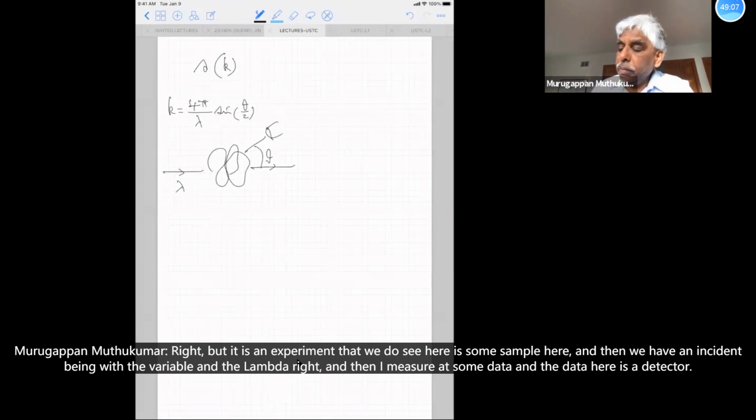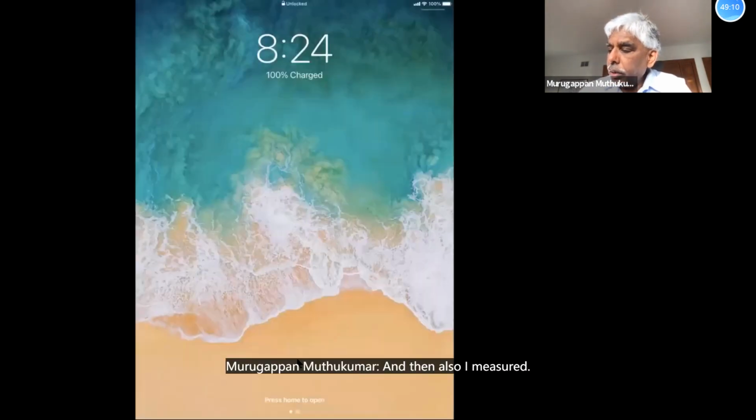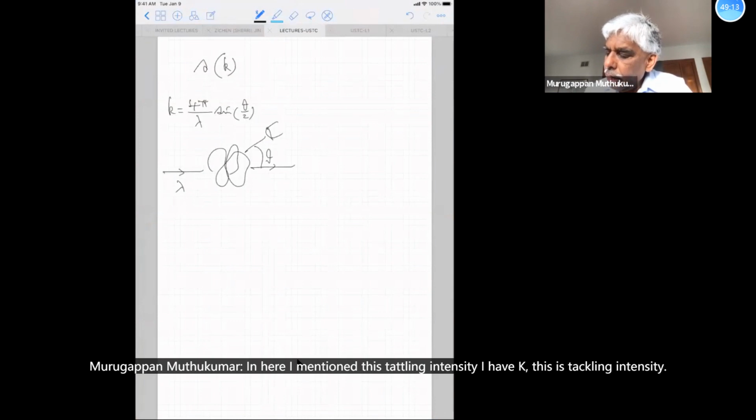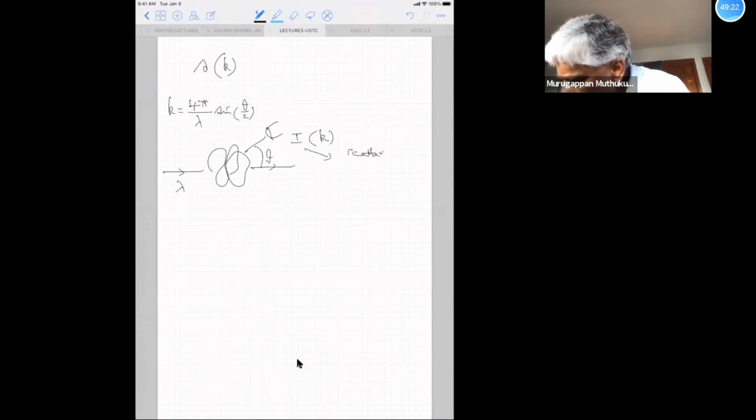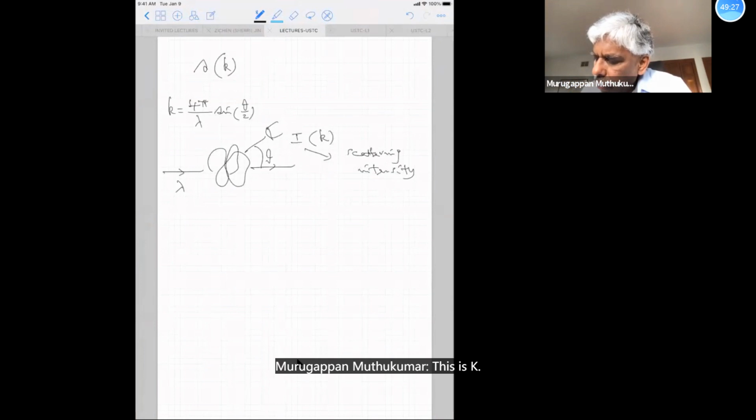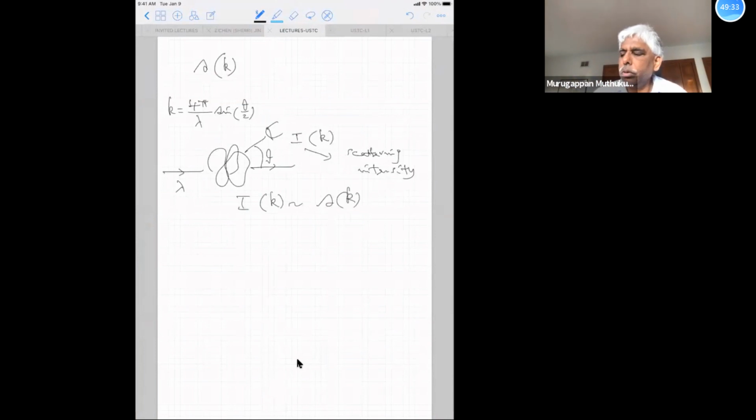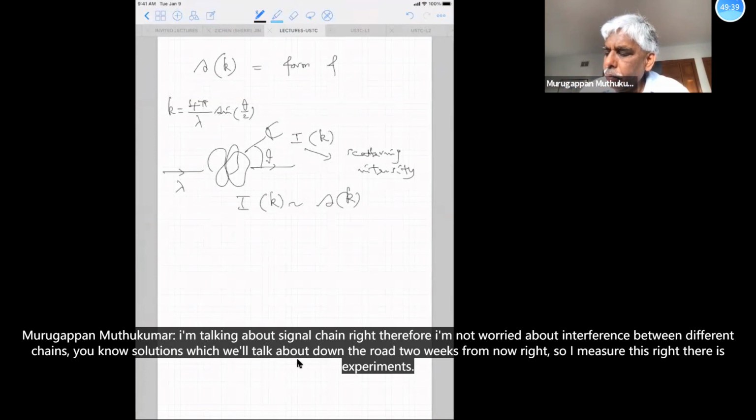Here is a detector, and I measure the scattering intensity I of K. This I of K is proportional to S of K, which is the form factor. I'm talking about a single chain, therefore I'm not worried about interference between different chains, which we'll talk about two weeks from now.